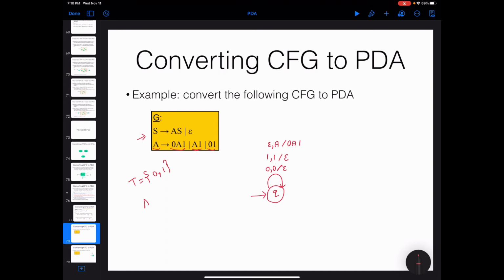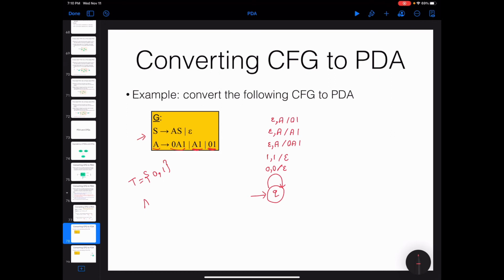The other rule is this one. Again, without consuming anything from the input, if the top of the stack is A, pop it and replace it with 1 and A. The last one is this one: again, without consuming anything from the input, if A is the top of the stack, pop it and replace it with 0, 1.